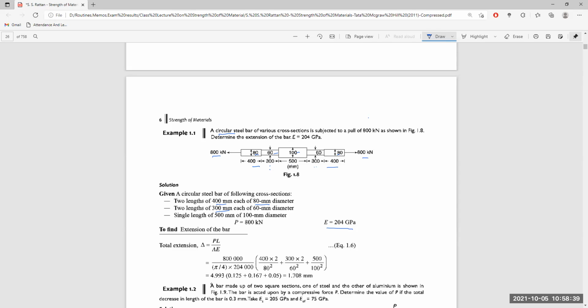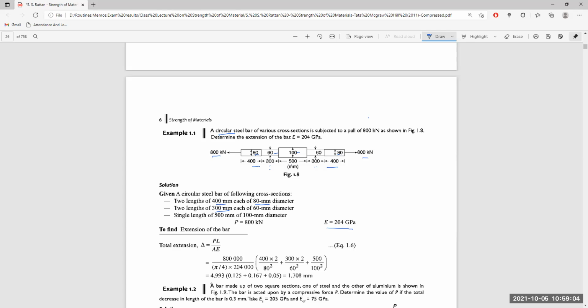So we have 400 multiplied by 2 divided by 80 square, and for the 300 millimeter length we have 300 multiplied by 2 divided by 60 square, and 500 divided by 100 square, because 500 is the length and 100 is the diameter.